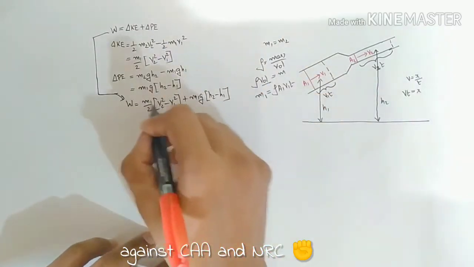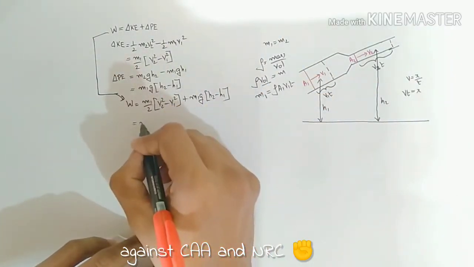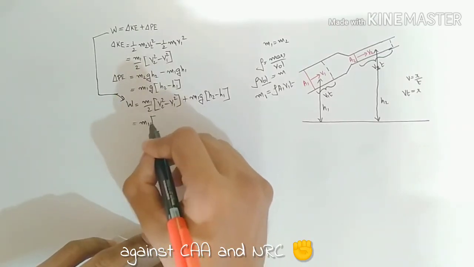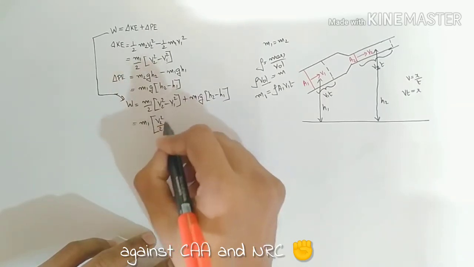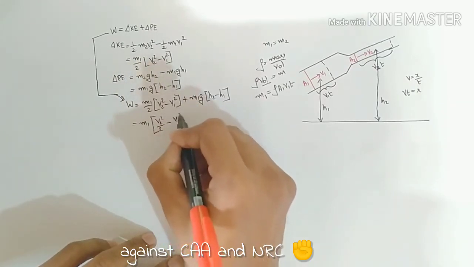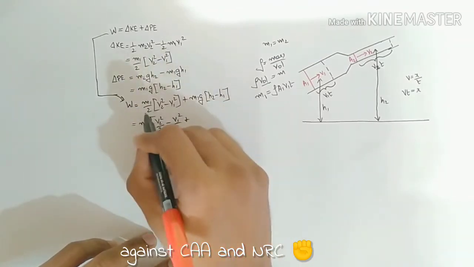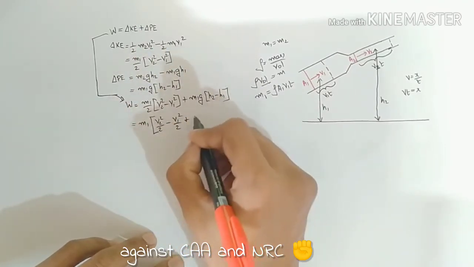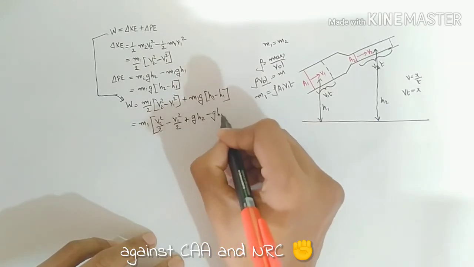Then, if I take m1 common out of this equation, I could write m1 into, expanding the bracket, v2 square by 2 minus v1 square by 2, plus, taking m1 outside, gh2 minus gh1.